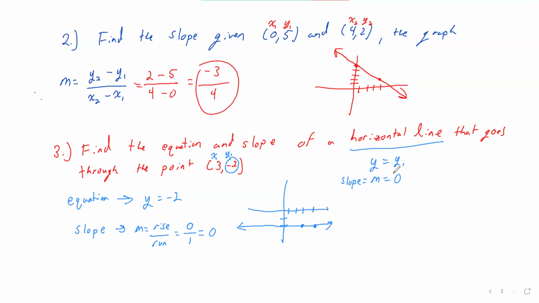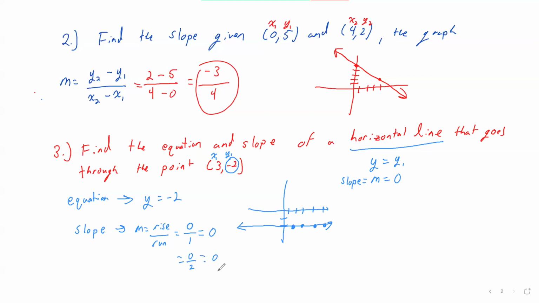Well, since I drew this line, that means that all of these points are available to choose from. So I could have chose this one. I could have chose this one. I could have gone backwards. But the issue is I never rose to get to any of them. I either ran, and you could have said, for instance, maybe I went to that second point. 0 divided by 2. It's still going to be 0.